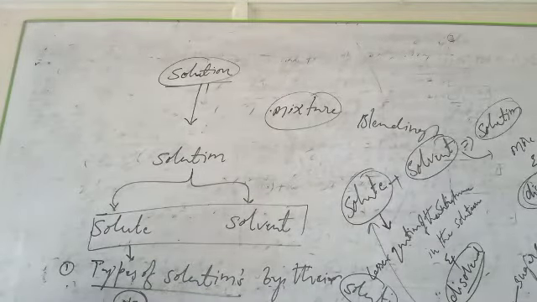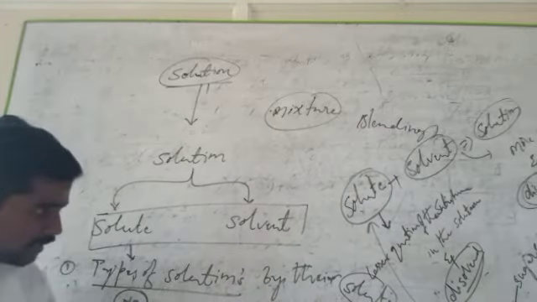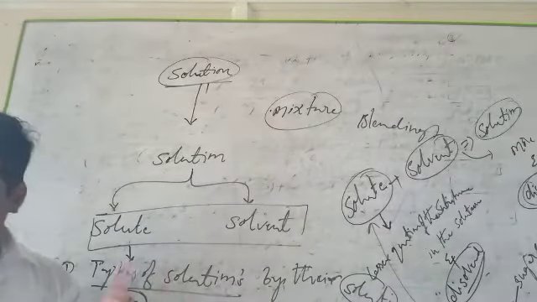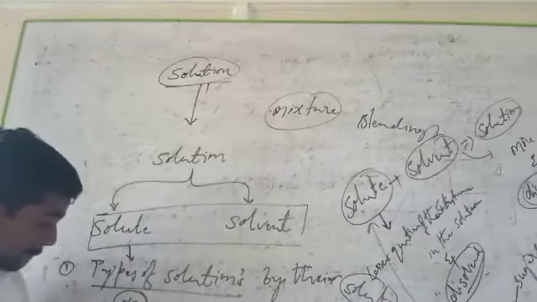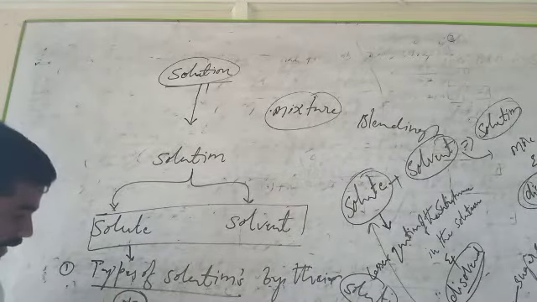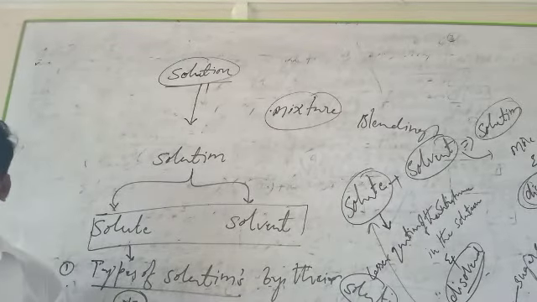And the quaternary solution contains three or more solutes. Binary solution contains two solutes. Ternary solution contains three solutes. Quaternary solution contains three or more solutes.